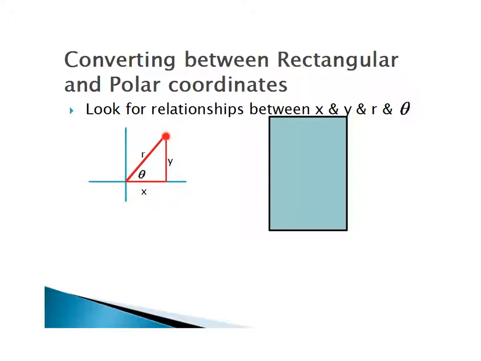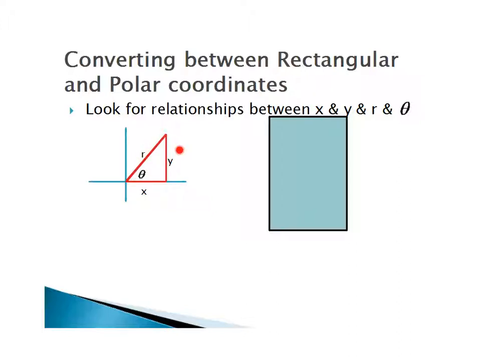This is my point way out here. I can think of that point as over x, up y. We call it the rectangular coordinate system because it has a grid. But I can also think of this point as a radius measurement along with an angle that tells me how far to wrap around.